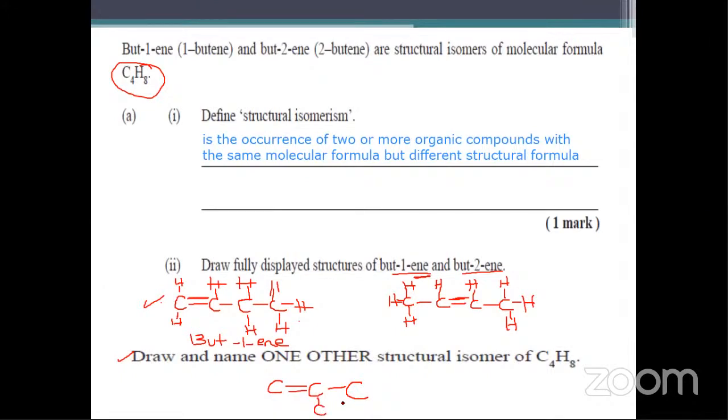That's a structural isomer. Ensure that you have your hydrogens. One, two, three, four, five, six, seven, eight. So C4H8.